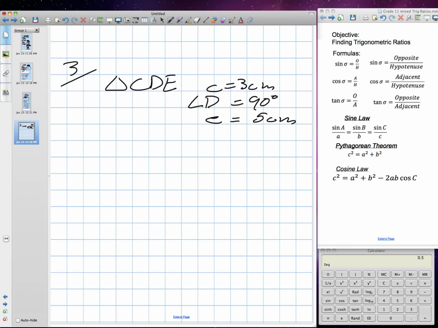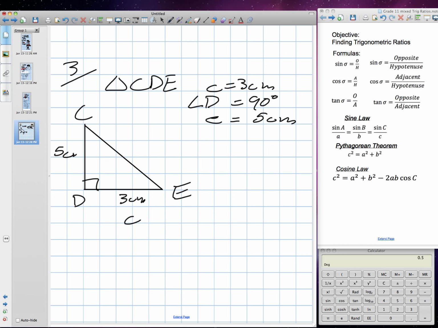All right, this question here, I want you guys to recognize right away. 90 degrees, that means in a right angle triangle, I can use these ratios. So we're going to draw a diagram very quickly here. This is angle D. We'll call this C, so this makes this side C. And we're going to call this E, which makes this side E, 5 centimeters.